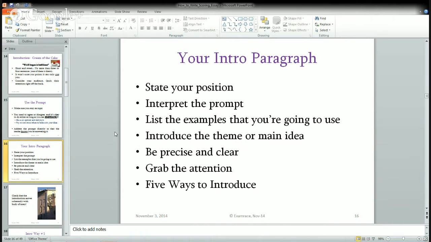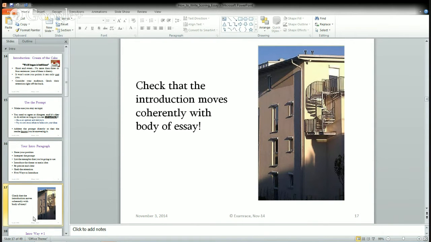The main aim should be grabbing the attention. So you can start with a famous quotation or a famous person who has contributed to that dimension. There are various ways to introduce. Before we talk about the various ways to introduce, we should be very sure that our introduction is coherent with the body.